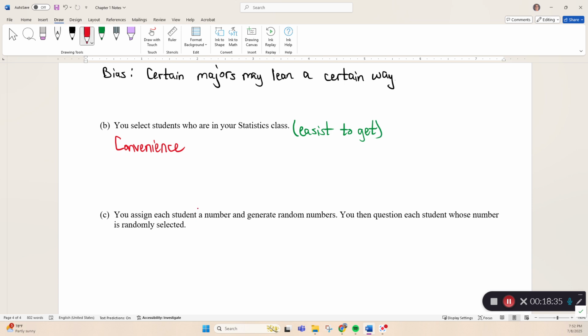Well, what are some issues here? What are some biases we could have? Well, you're more educated. So, maybe more educated on the research.